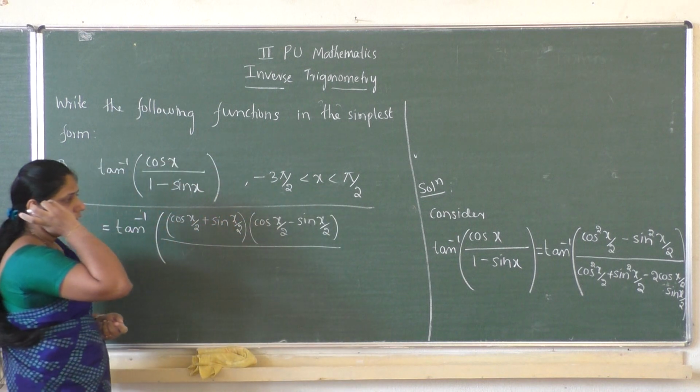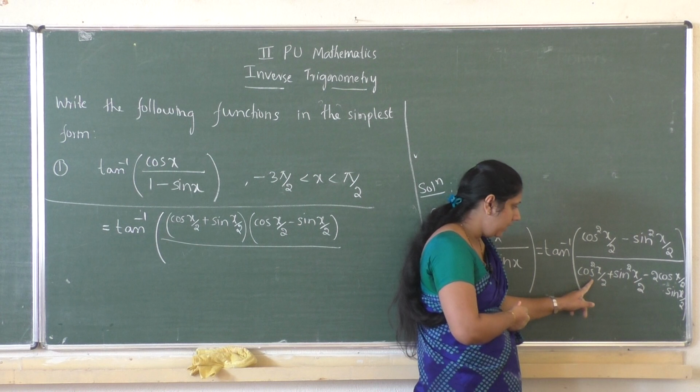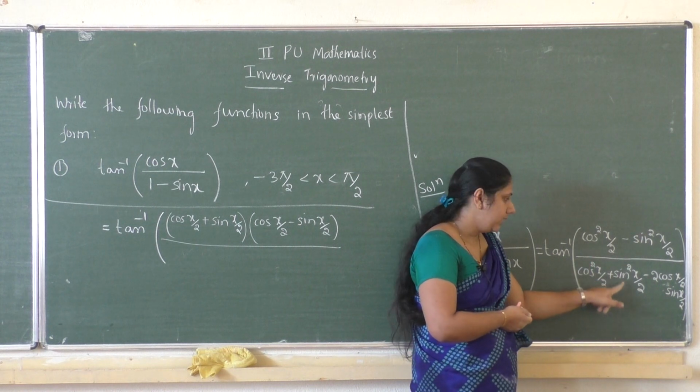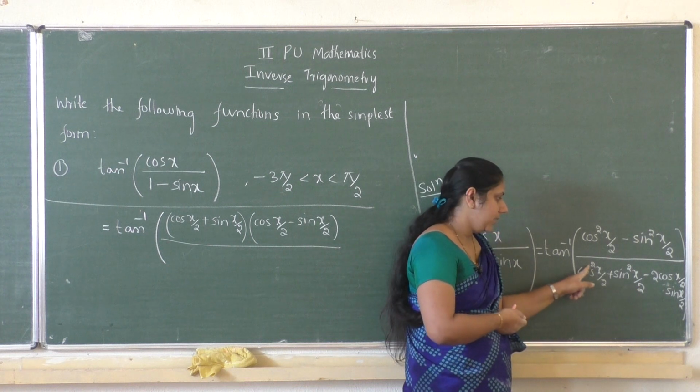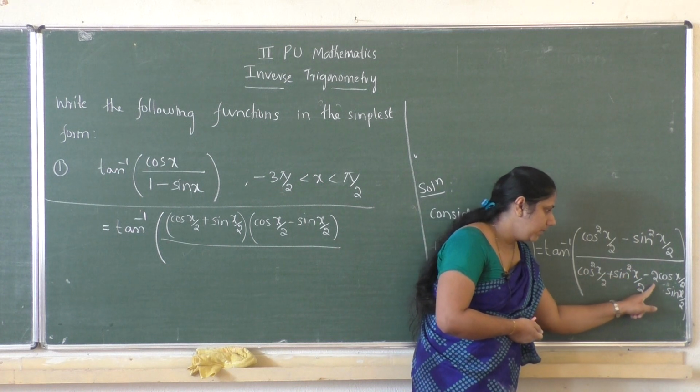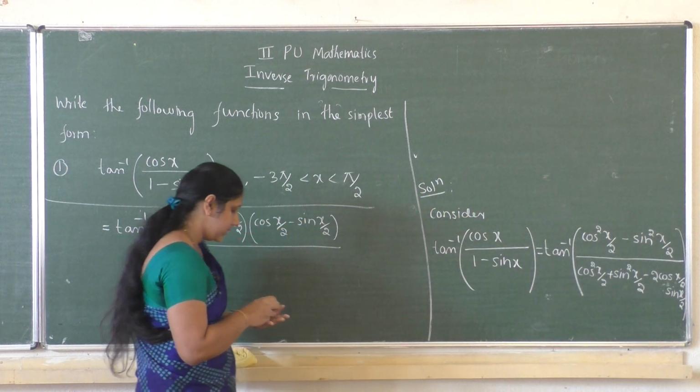divided by, what about the denominator term? See this, it is of the form a square plus b square minus 2ab. What is the formula? A minus b whole square.